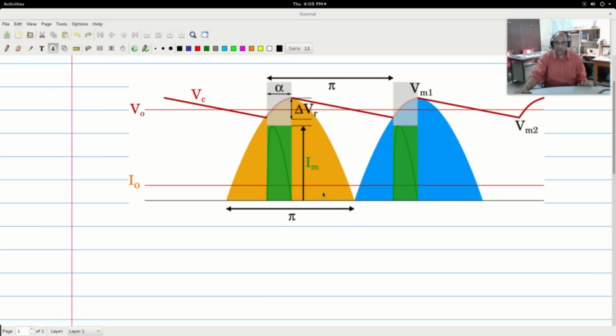Now first off, let us calculate the value of the capacitance. Let us write down what is given to you for design purposes, the specifications. So the specs that are given to you are the following.